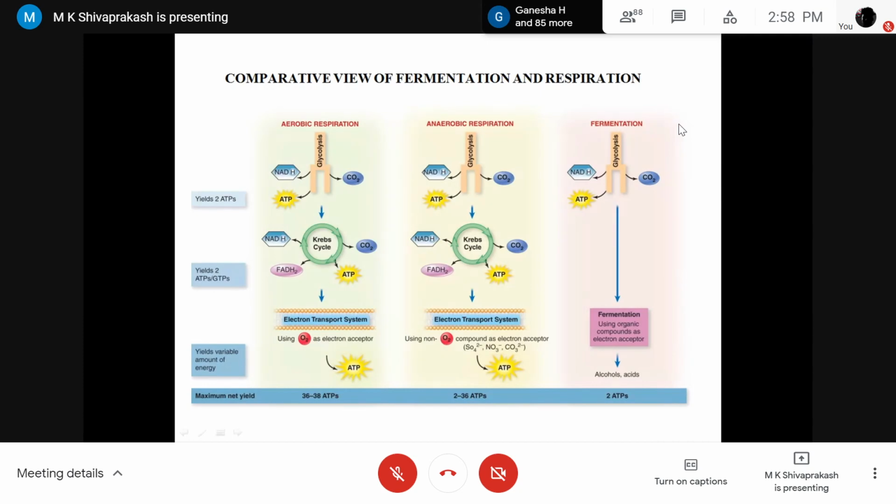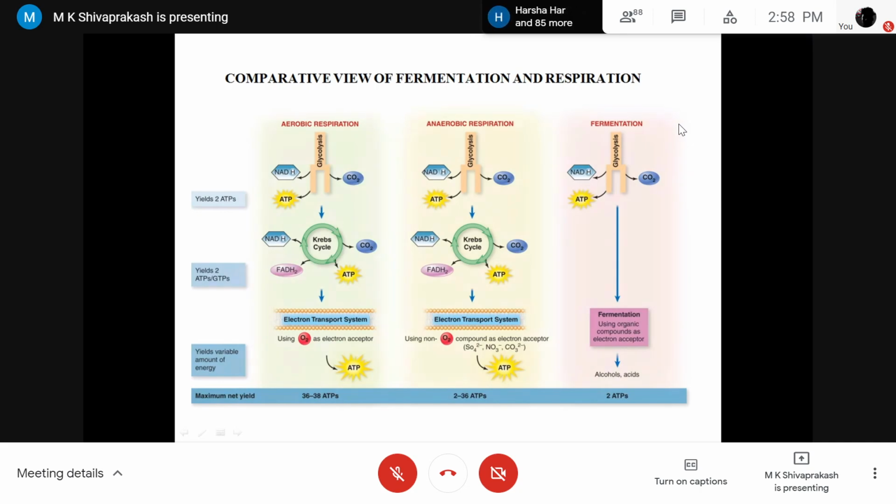And the organisms which follow fermentation, like alcohol producers and organic acid producers, where the end product is either alcohols or organic acids, realize only 2 ATPs.